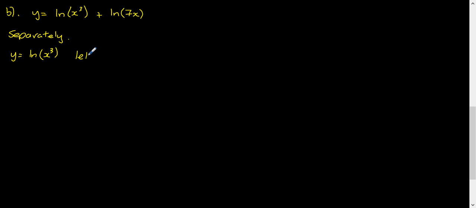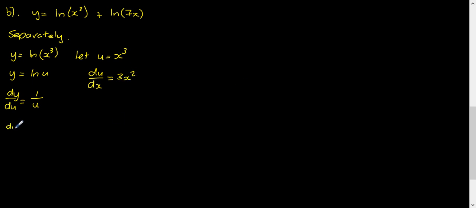And we'll concentrate first on log of x cubed. And we're going to let u equal the x cubed, because it's the function of the function. Right? So that means that y is just natural log of u, meaning that dy by du is 1 over u. Remember, that's that standard result we learned last week. If you differentiate a natural log, you get 1 over. Du by dx is 3x squared.